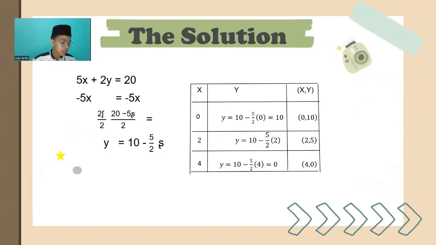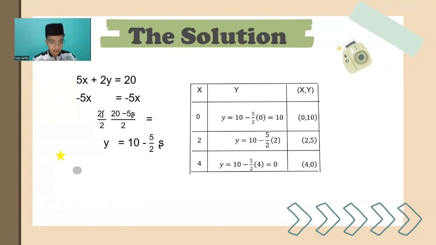The solution is: the first one, we operate the equation until we find y. 5x + 2y = 20, minus 5x on both sides, and we get y = 10 - 5/2 x.